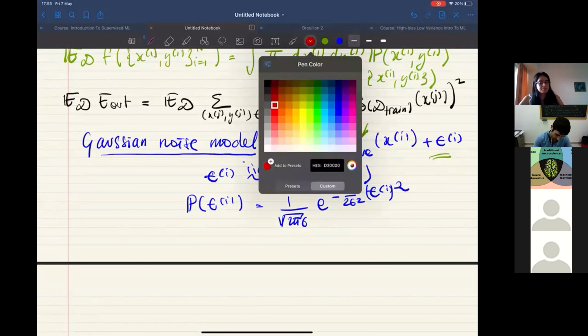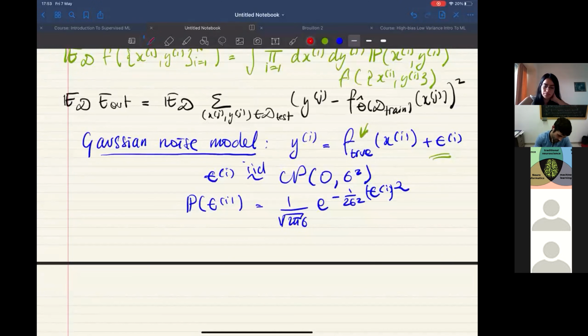I'm looking at what I wrote here, the expectation of the generalization error. And now I can replace these true labels, the labels in the test data, by their expression according to the model that we assumed here.